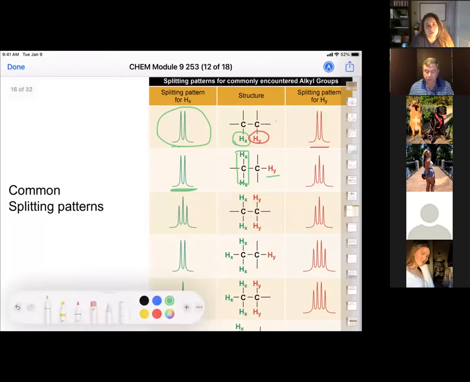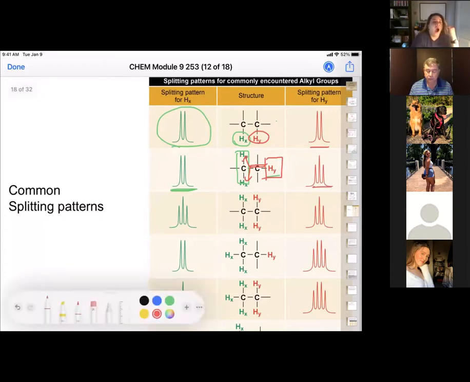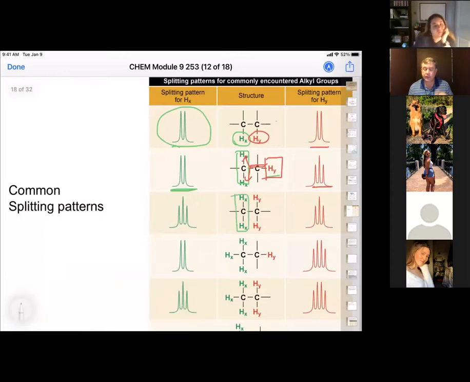However, if we look at the red hydrogen here, it is next to 1, 2. It's next to 2 different hydrogens. So that means our N is equal to 2. So we have 1 for the red hydrogen and then 2 for the green hydrogen. So we get a triplet. Okay. Now, what if we changed it again, added another red hydrogen? Our green here is going to give us 1 peak plus 2 red hydrogens, triplet.